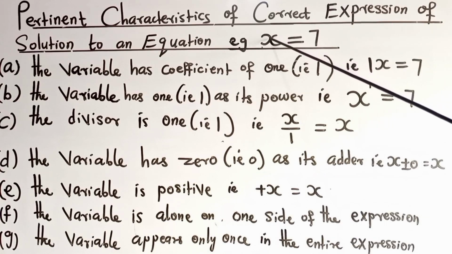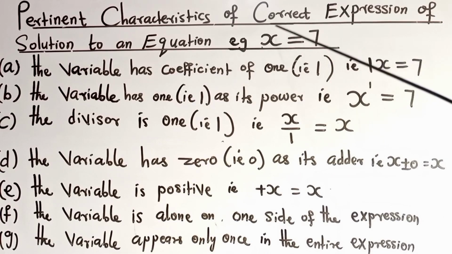Even if it is x is equal to 7 plus y, one thing is clear. Whenever a solution to an equation is written, we should not conclude that we have given the correct answer or the correct expression to that solution, except we write that solution in such a way that the unknown, which now is known, appears alone on either the left-hand side or right-hand side of this expression.